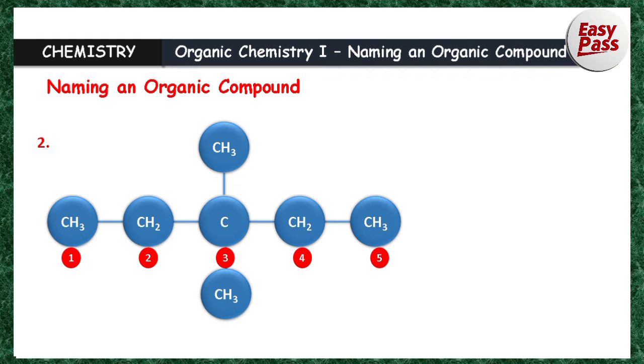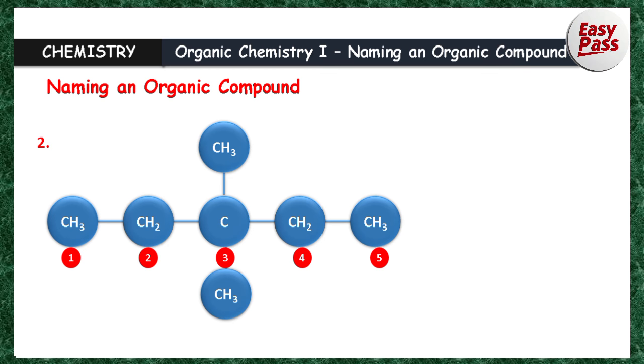How many do we have here? We have 1, 2, 3, 4, 5. At carbon 3, we have what? A methyl group. Also at carbon 3, we have a methyl group. You say 3, which is this carbon, a carbon 3 that's having this methyl group. 3, 3, because at carbon 3, one methyl group is upward, while another methyl group is what?